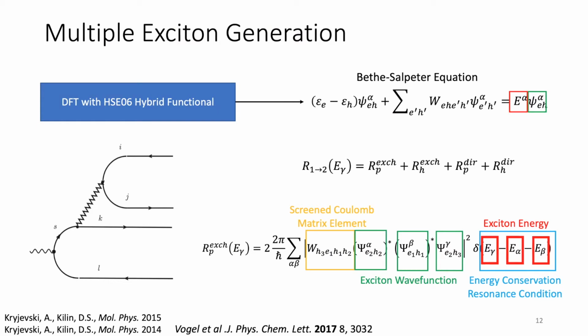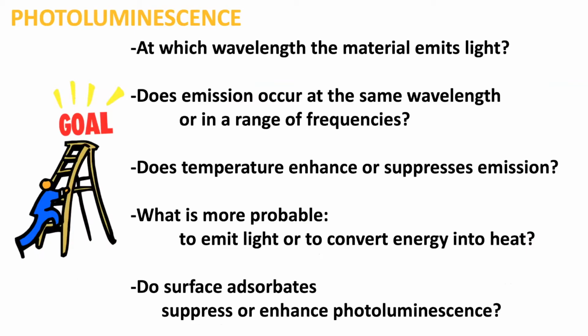At a lower qualitative level, one can just treat it with Fermi's golden rule, just take the Coulomb matrix element if such a process is allowed by energy conservation. Then why not? One can assess the probability of such a process and maybe get some rates.